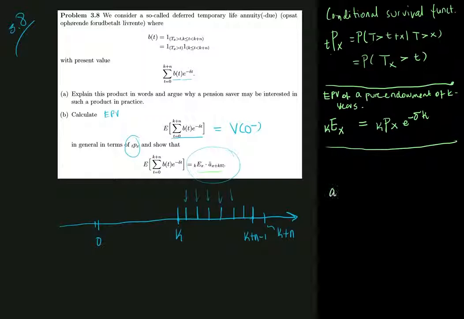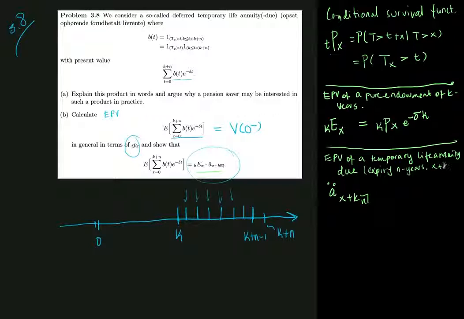And the other symbol, a umlaut x plus k, something weird n, what does that stand for? Well, that stands for the expected present value of a temporary life annuity due with expiry in n years, and then assuming that you are x plus k of age today.